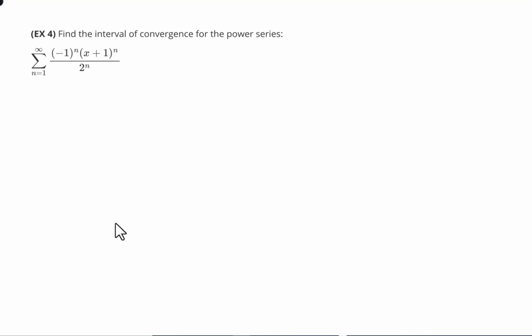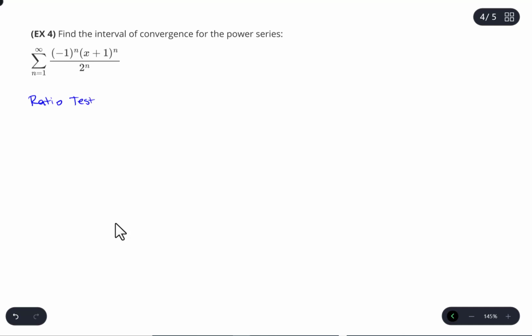Here's another example. This one is slightly different. It's been recentered. Okay, and we'll take a look at what happens here with this particular recentered series. So to determine the interval of convergence, the first thing that you're going to do is start with the ratio test. So we want that limit as n goes to infinity.